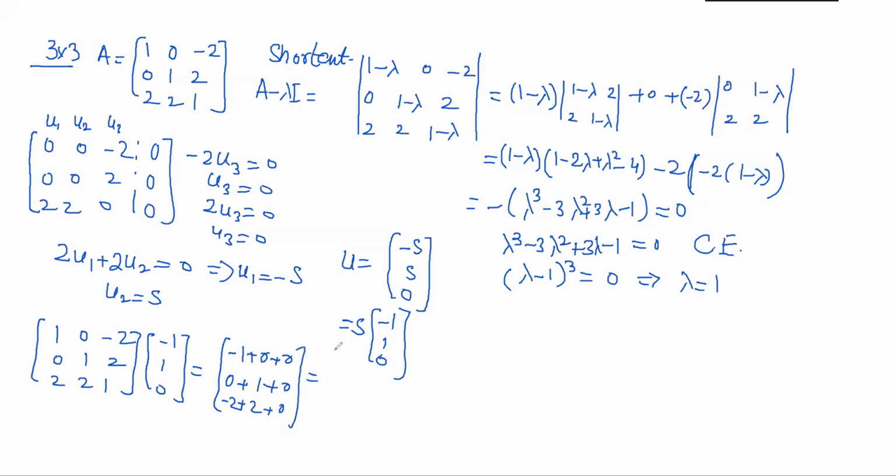So what I get is minus 1, 1, 0, which is the same as the eigenvector, and the eigenvalue is 1. So we have verified that our eigenvector is the correct one. This is how we find the eigenvalues and eigenvectors.